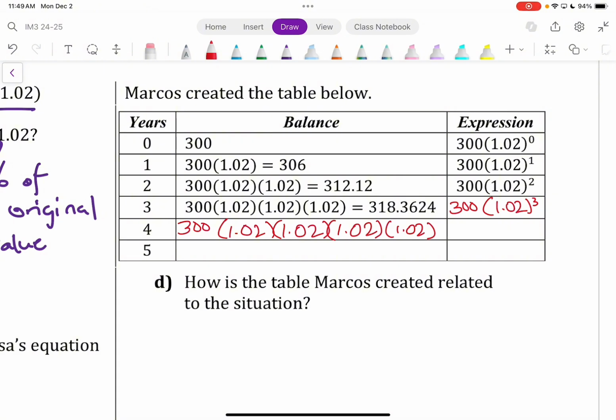Anytime you multiply 1.02 by itself, you can just write that with an exponent. So that would be 300 times 1.02 to the fourth. And then 300 times 1.02 to the fifth. Oh, that's ugly.